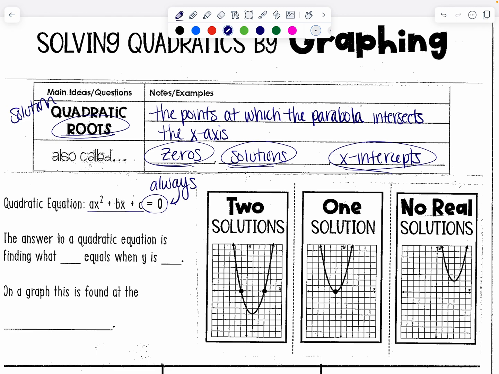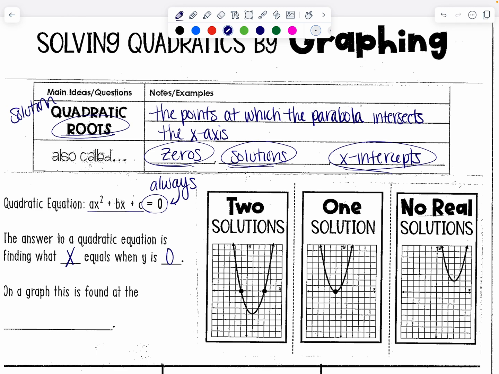That's the only way we are able to solve a quadratic. Essentially, with graphing, the answer to a quadratic equation is finding what x equals when y is 0. When we're solving quadratic equations, we want to know what x is when y is 0. That's what it means to solve a quadratic equation.